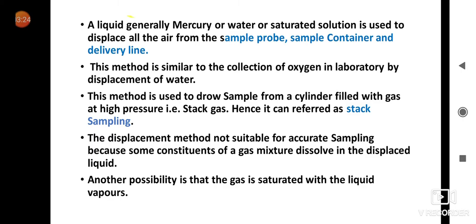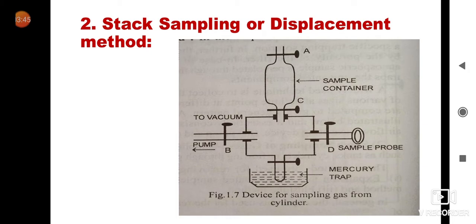A liquid, generally mercury, water, or a saturated solution, is used to displace all the air from the sample probe, or you can say the sample container and delivery line. This is the sample container.